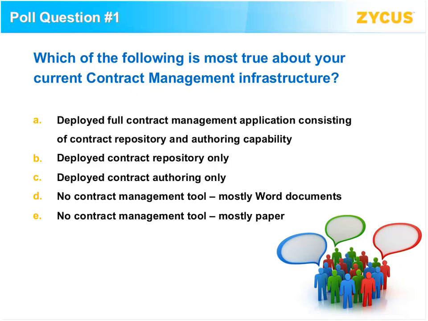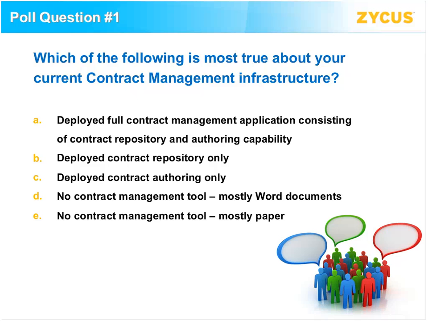And it's interesting with the results that we have here. It confirms our earlier survey of the market that contract management adoption is relatively high, in fact, higher here than what we showed.